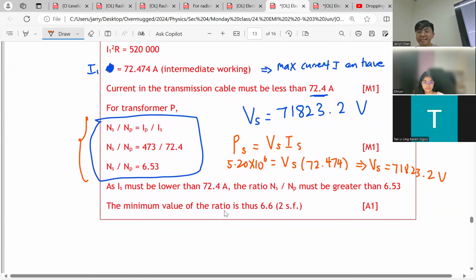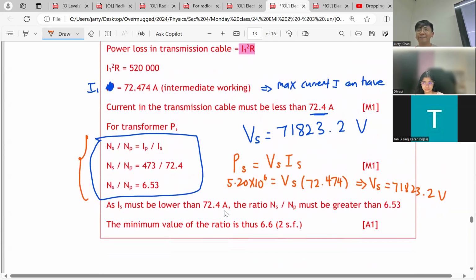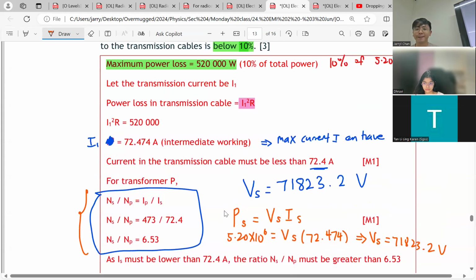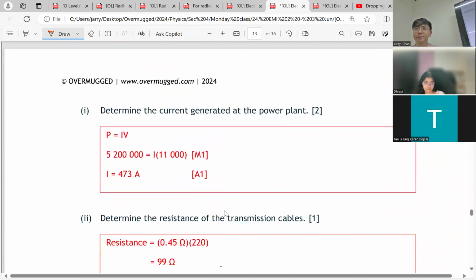With the Vs that I managed to calculate, I want to find out the turns ratio. I have the 11,000 in the primary coil. How many turns do I need in the secondary coil in order to achieve this? That's what the question is. So the primary voltage is here, 11,000 volts.